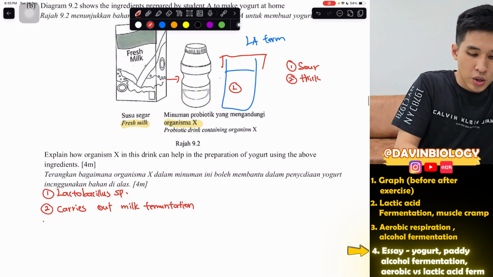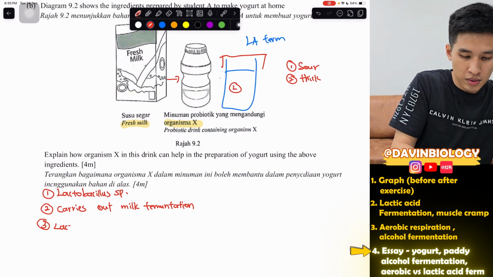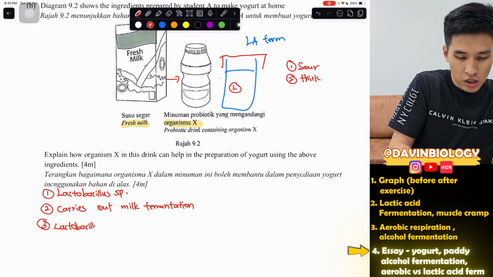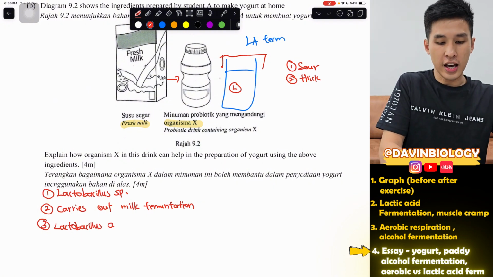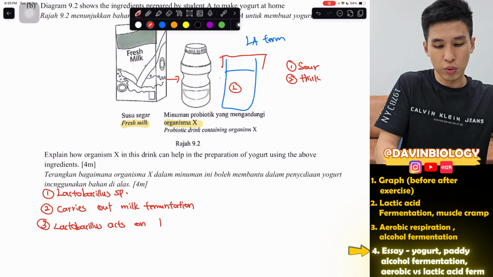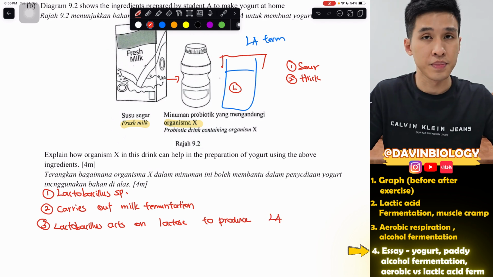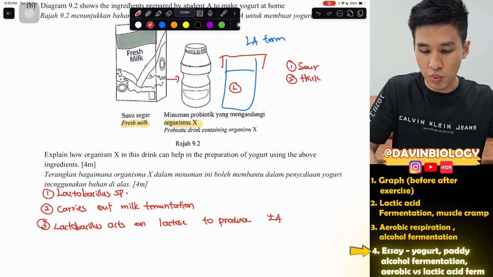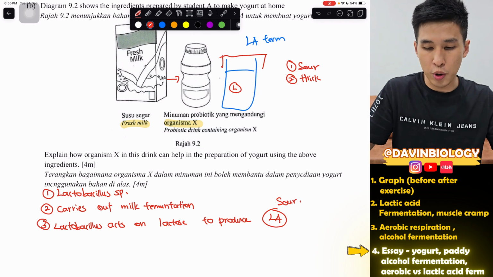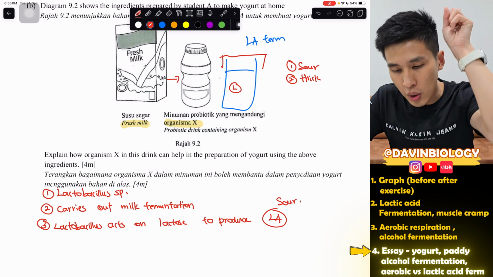Now here comes the main thing. So basically the lactobacillus acts on the lactose to produce, number one, lactic acid. So lactic acid is the reason why it's sour. So if you mention I produce lactic acid, that's the first point already. Now then, why is it thicker?